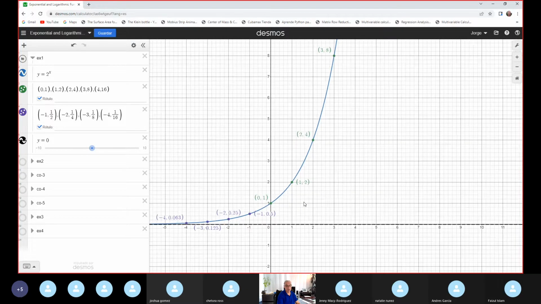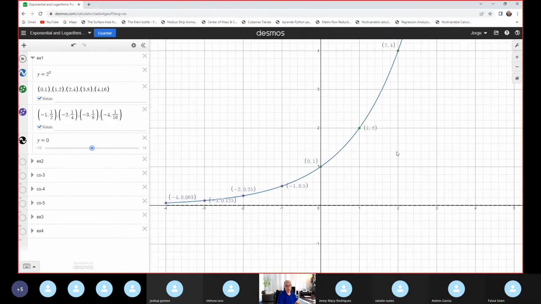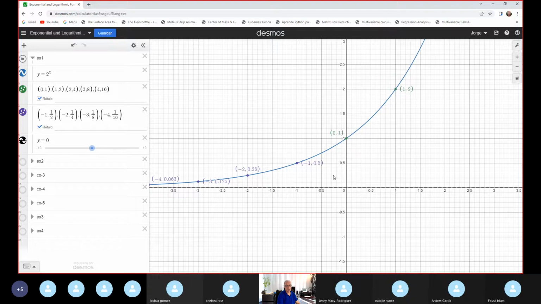Now, in the negative part, negative 1, 1/2, which is 0.5. Negative 2, 0.25, which is 1/4. Negative 3, 1/8, is 0.125, and so on.